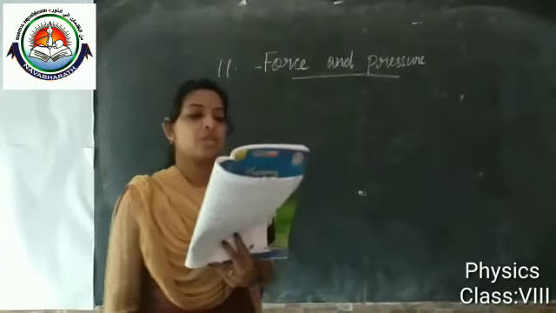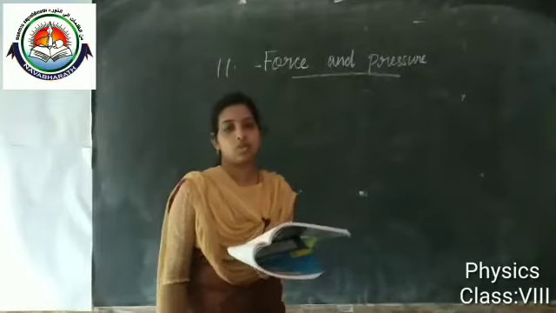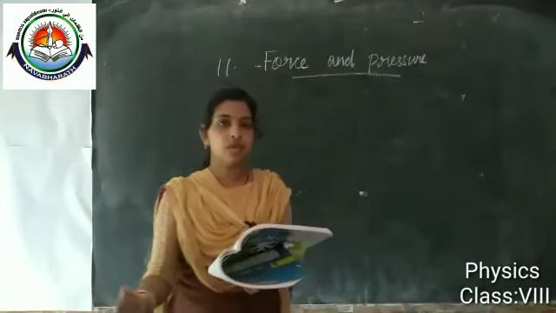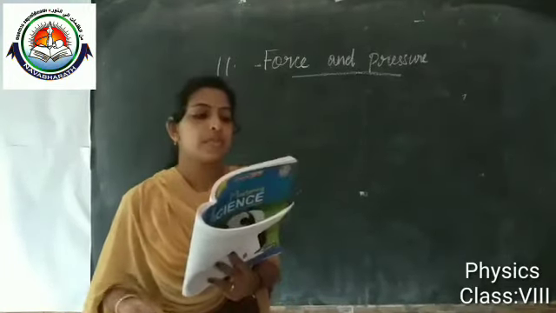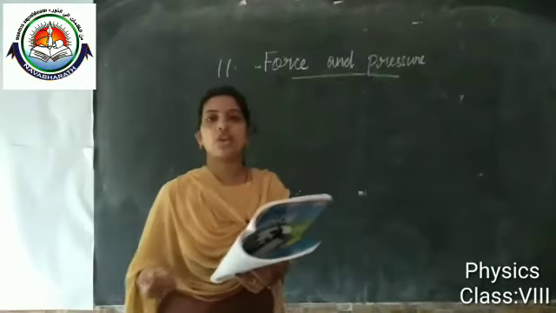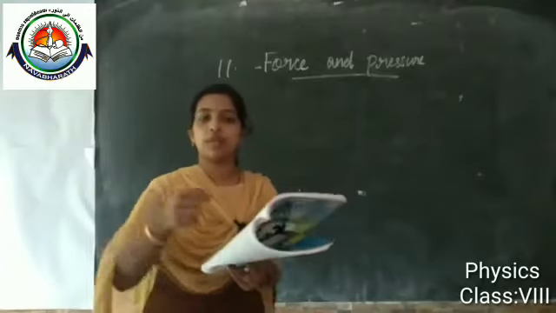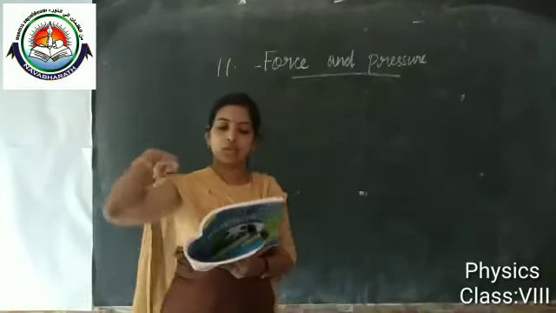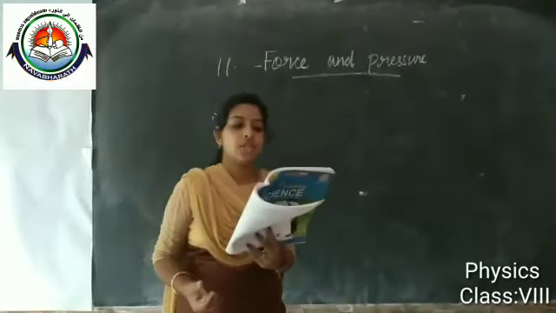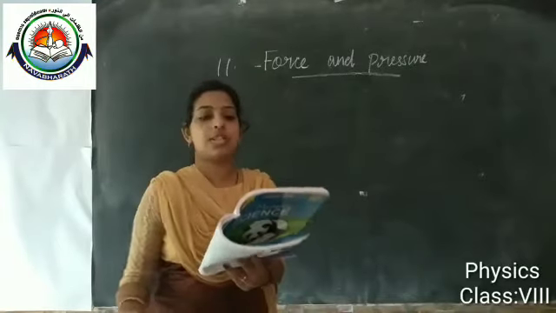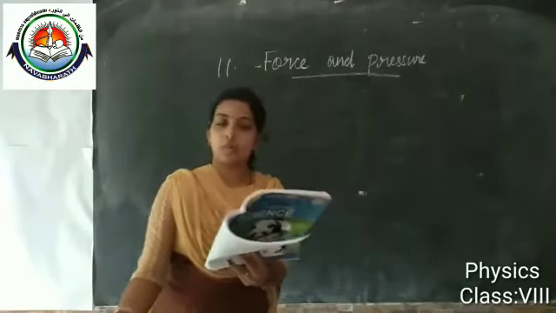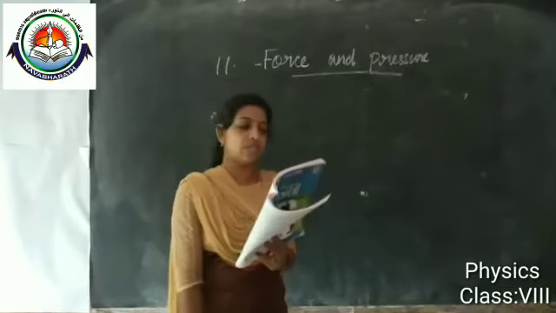Yes. And option B, stop a moving object. To stop the moving object, we have to exert a force. Then change the direction of motion. In that case also, for changing the direction of a moving object, we have to exert the force. And option C, all of this. So its answer is option D, all of these.